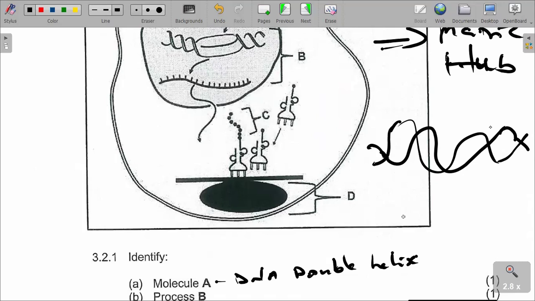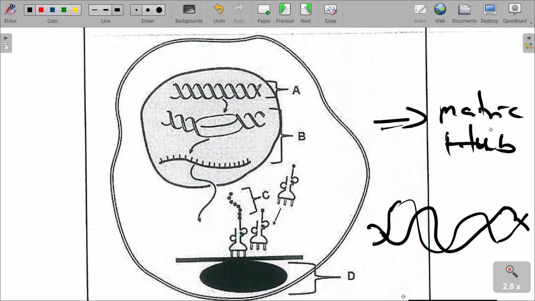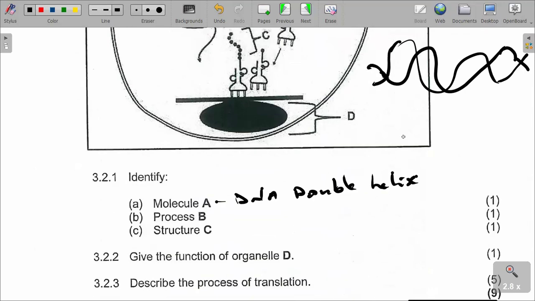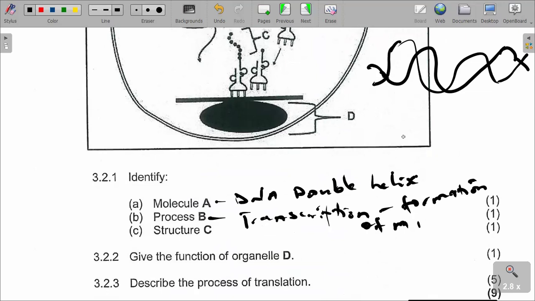And then process B is transcription, which is the formation of mRNA. The formation of mRNA is called transcription.